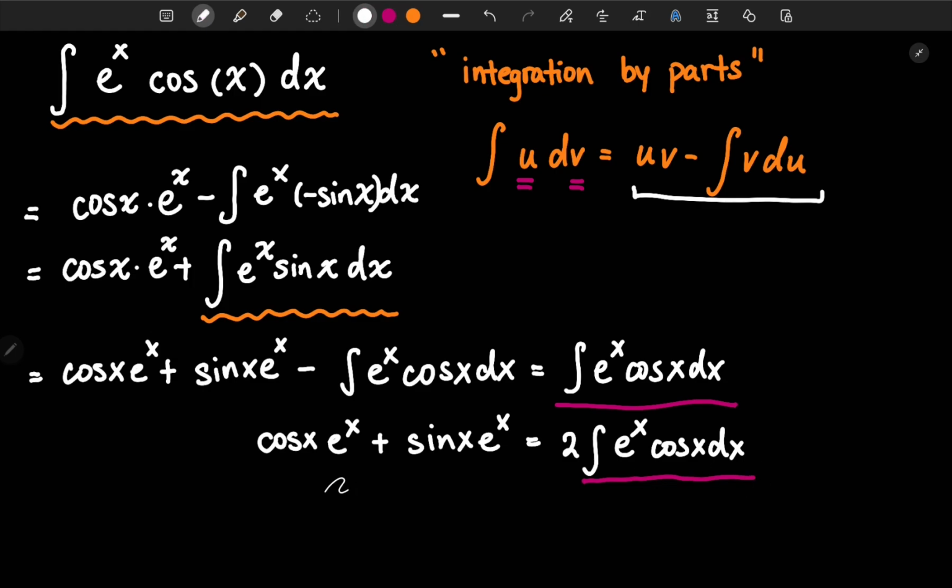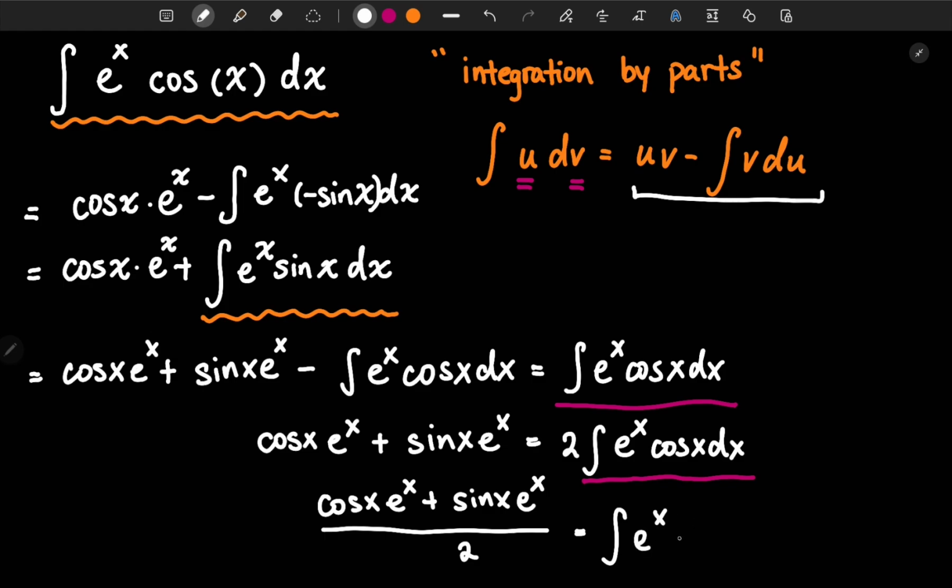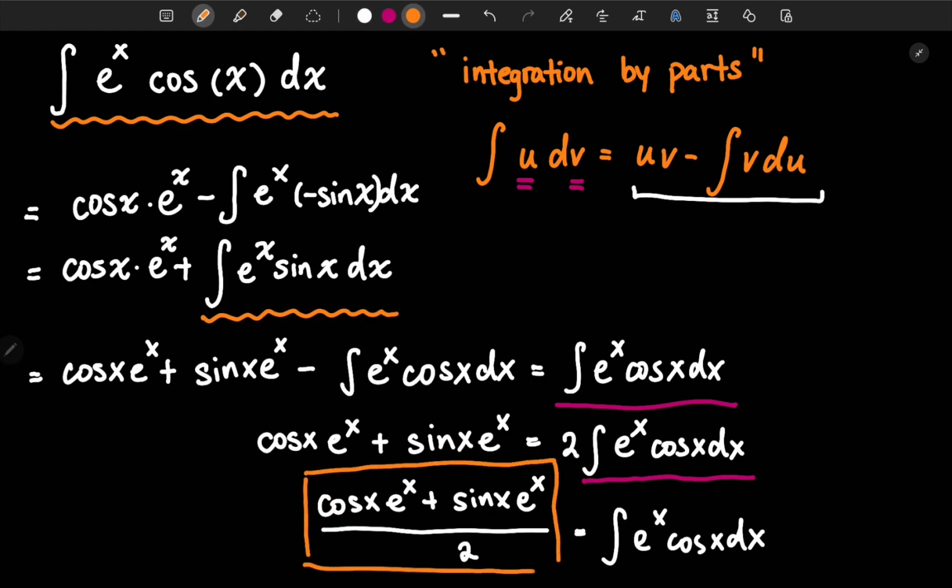So we would get cosine x e to the x plus sine x e to the x, divided by 2, is the integral of e to the x cosine x dx. And this is the answer for our question.